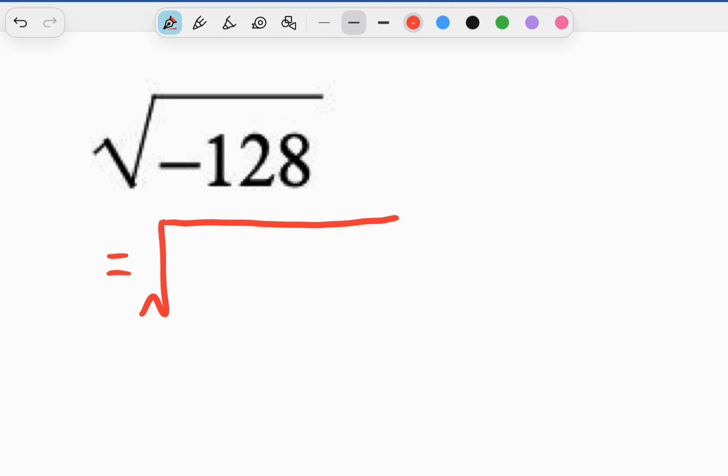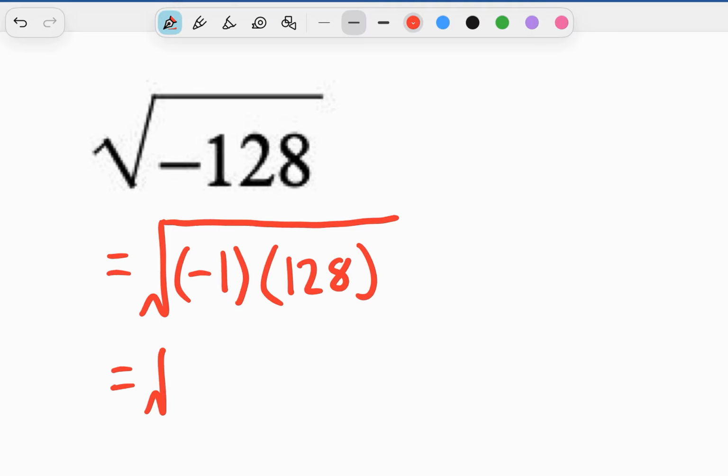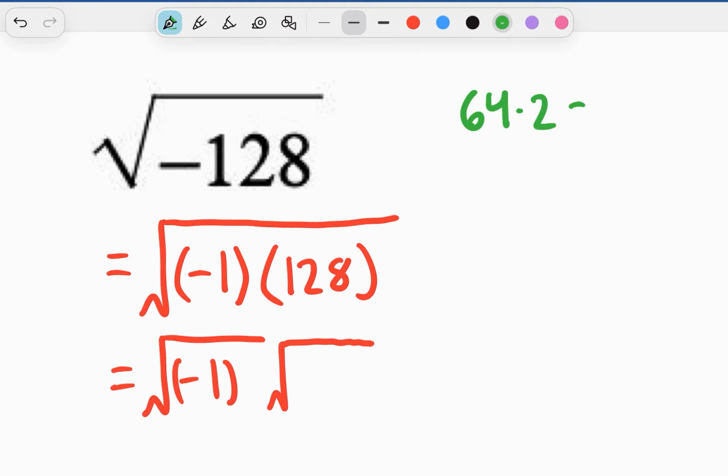the square root of, well, let's take that negative 1 out. And then let's just start by taking the 128 out. But remember, we can break this up. The square root of negative 1 times the square root of, well, 64 times 2 is just 128.